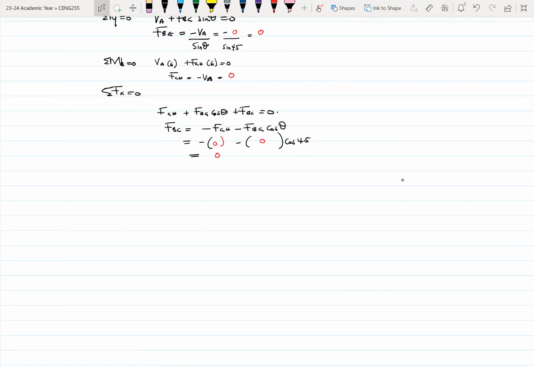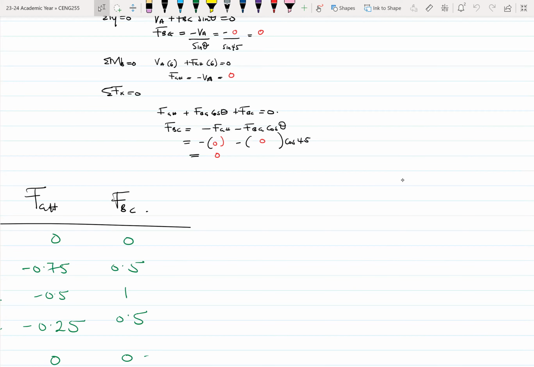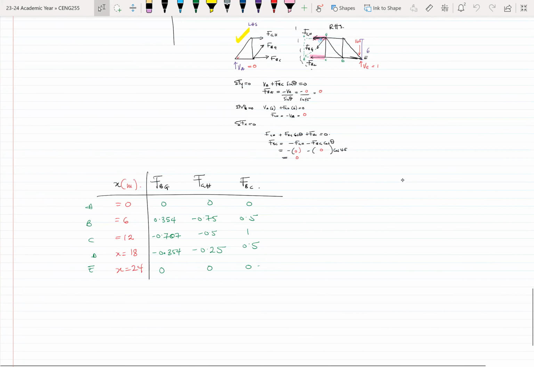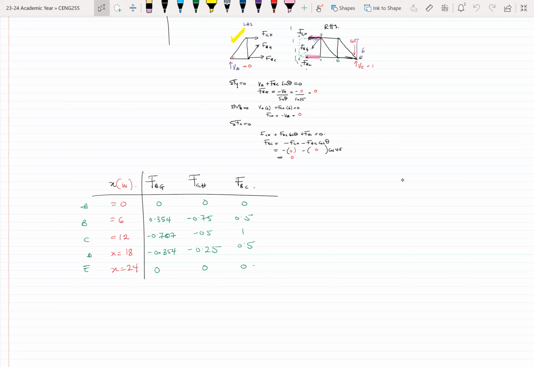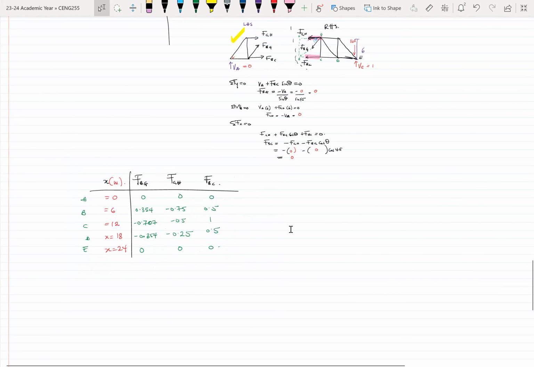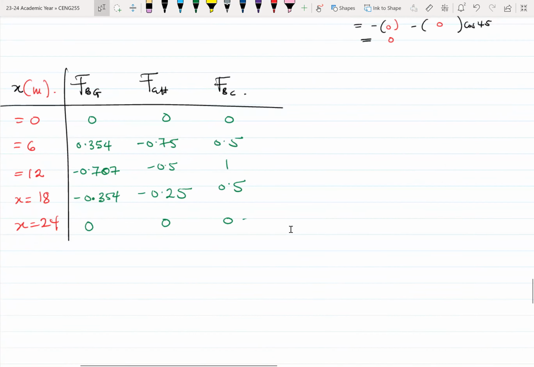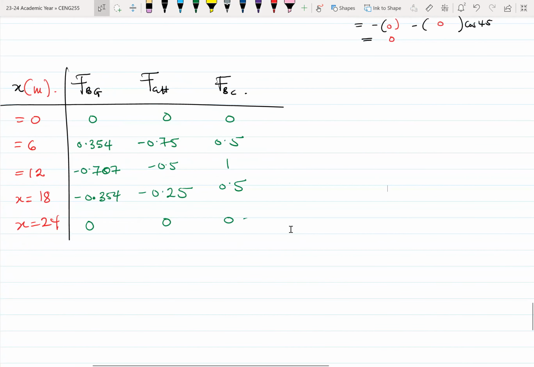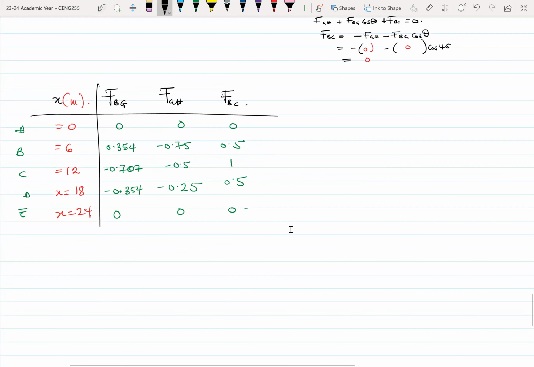When we draw this table, we should end up with something in this form. I've just rewritten all the values that we had in this table nicely.